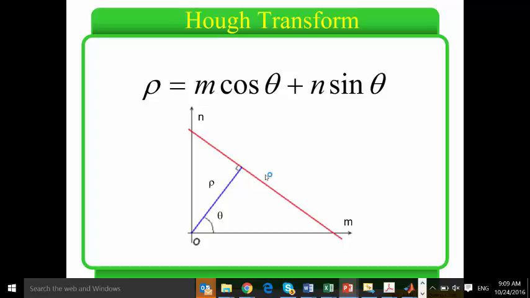So ST is n sine theta. And since rho is equal to OS plus ST, this means that it is equal to m cosine theta plus n sine theta. Is it applicable to any other point on this line? Should we have the same relationship? Let's try it. Take another point here.